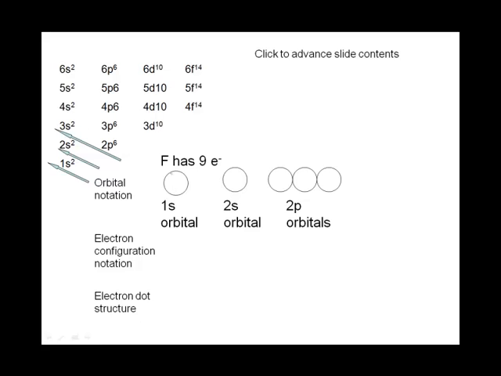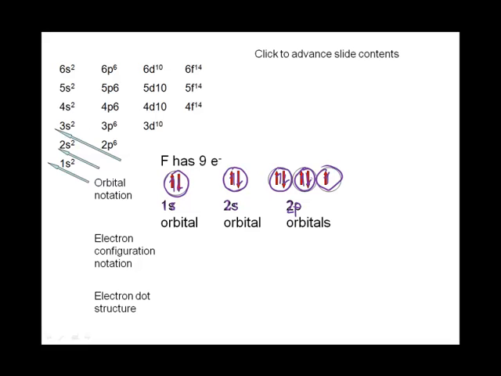Okay, fluorine. We're going to draw our orbital notation. Draw all our orbitals just like we have been. And we're going to drop in the electrons. 1, 2, 3, 4, 5, 6, 7, 8, 9.